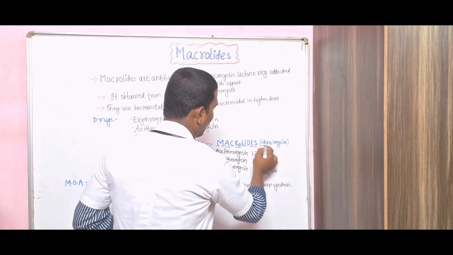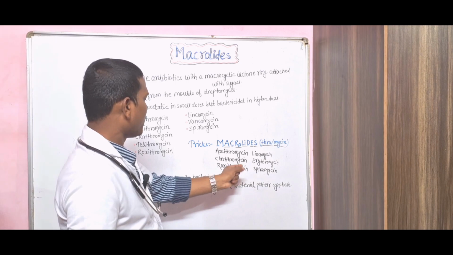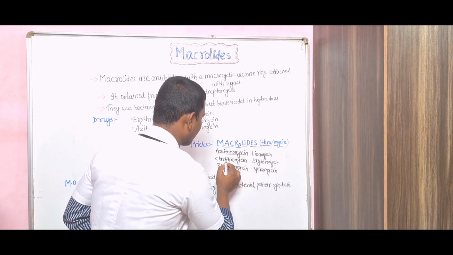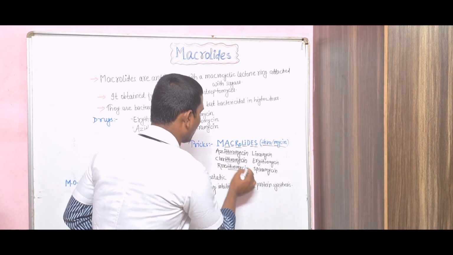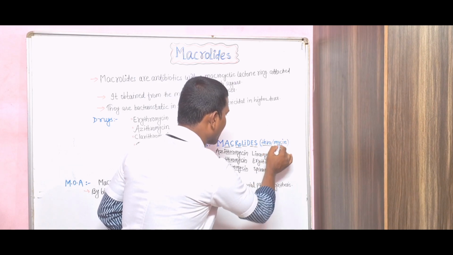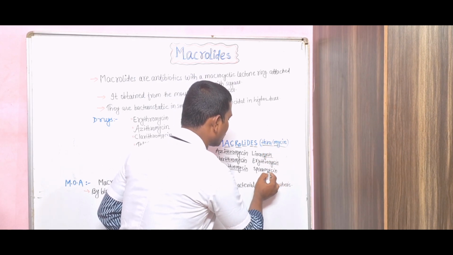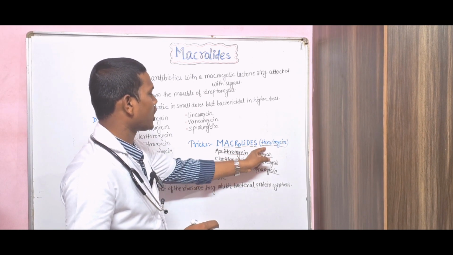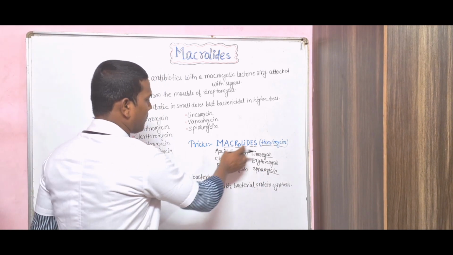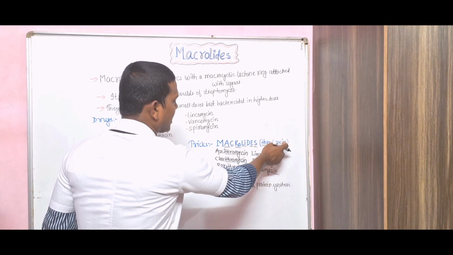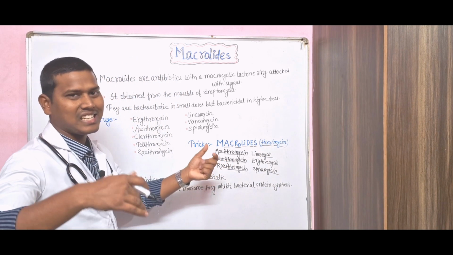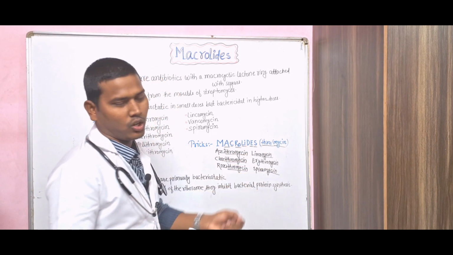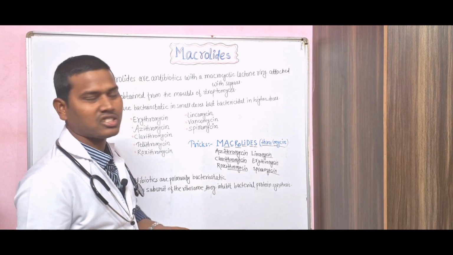Why do we say thromycin? Because some antibiotics end in thromycin and some end in mycin. So for remembering, we make one trick: macrolides, thromycin.